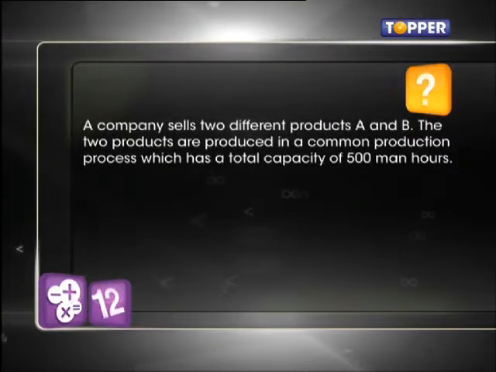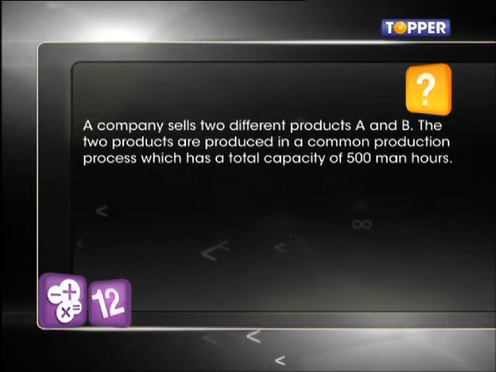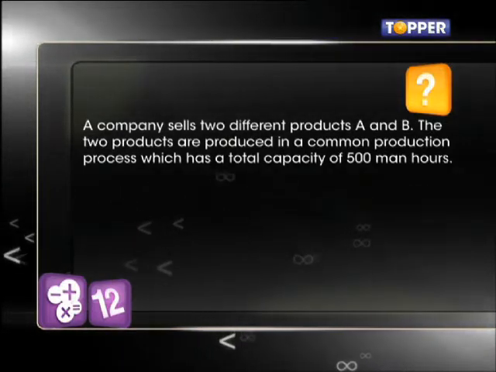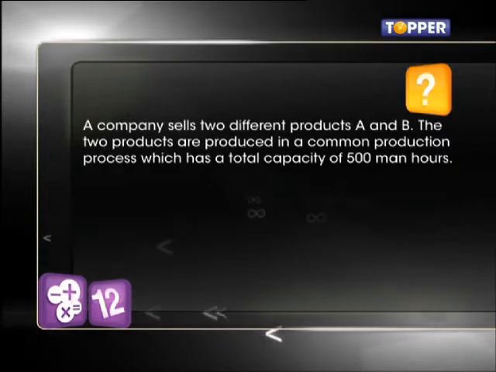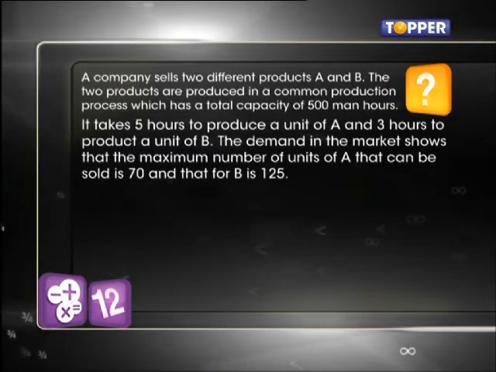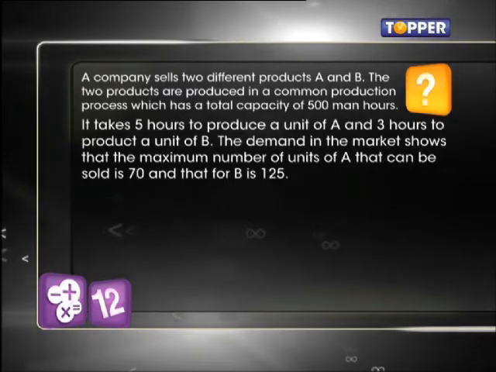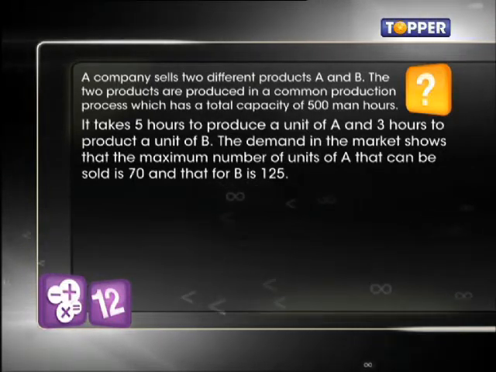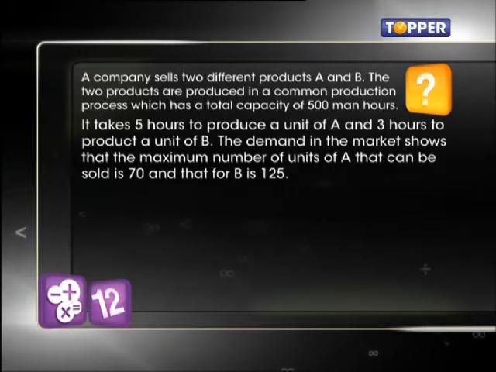In this manufacturing problem, a company sells two different products, A and B. The two products are produced in a common production process, which has a total capacity of 500 man-hours. It takes 5 hours to produce a unit of A and 3 hours to produce a unit of B. The demand in the market shows that the maximum number of units of A that can be sold is 70, and that for B is 125.